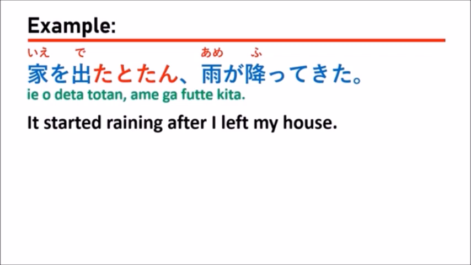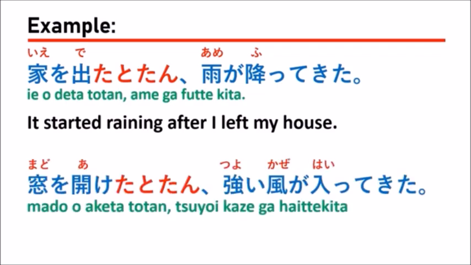This means that you had just left the house, and after that the rain started. The situation happened in the past, so you can use Totan to explain what happened soon after something else.